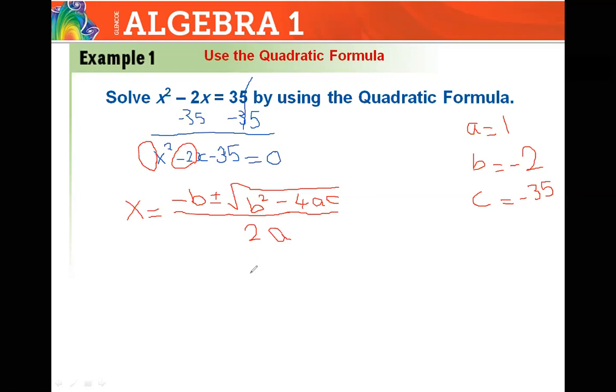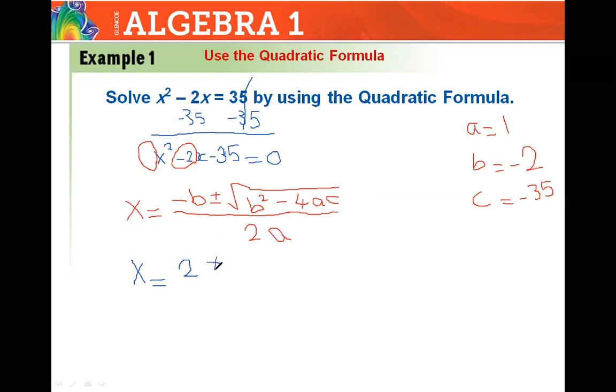Now we will substitute. X equals negative B, and negative B means the opposite of B. B is what? Negative 2. So negative of negative 2 means positive 2.